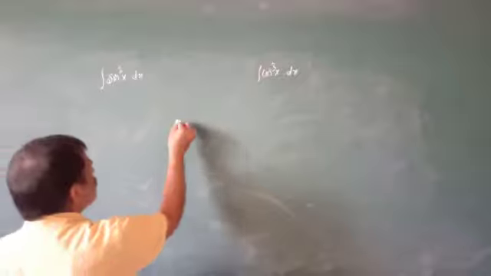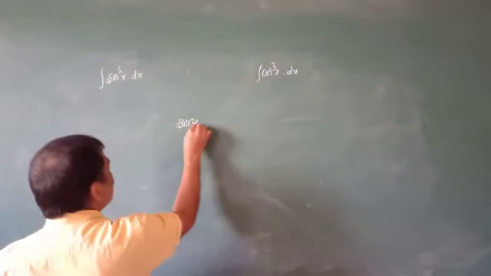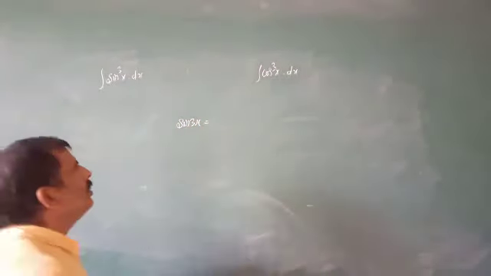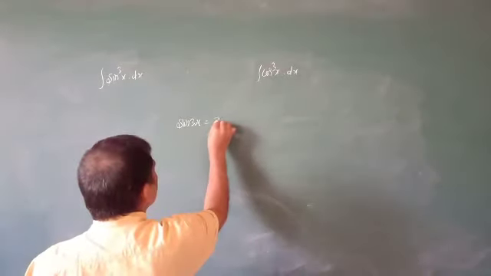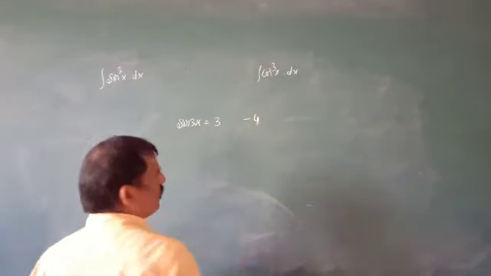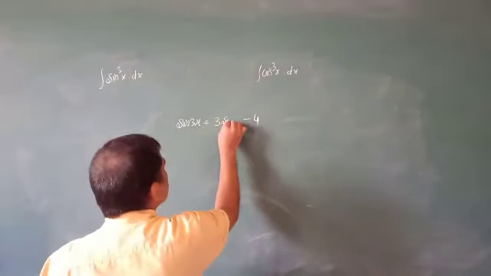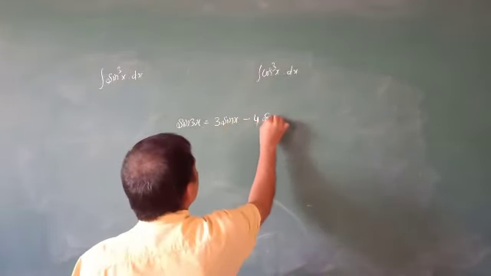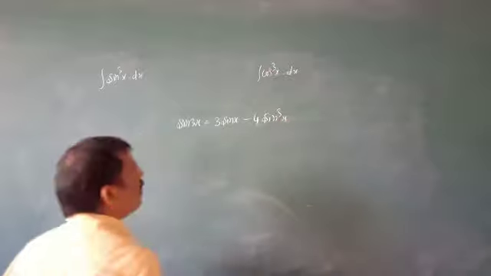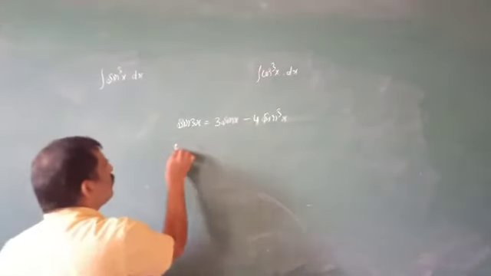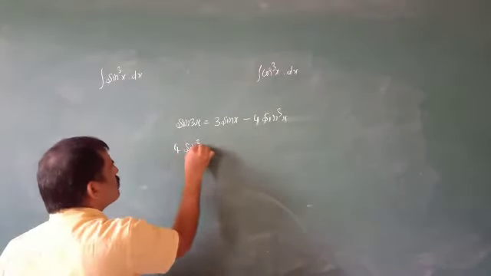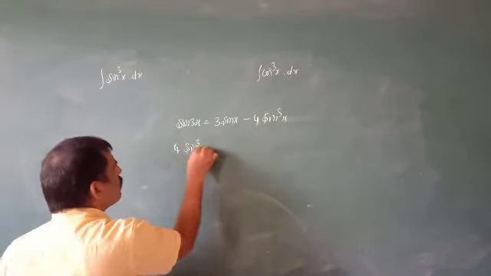So sin cube of x: sin 3x is equal to 3 sin x minus 4 sin cube of x. Now bring 4 sin cube of x to this side, so 4 sin cube of x is equal to 3 sin x minus sin 3x.